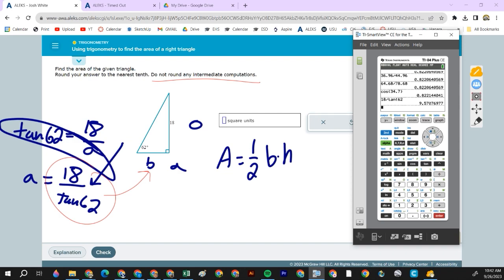No, because I'm going to use it for a future calculation, and if I round the original calculation, then the final calculation might be off by a little bit. So I'm just going to do 1/2 times, and I push second answer, and it will plug all those numbers in for me, and then times that by 18. And that's going to be the area.